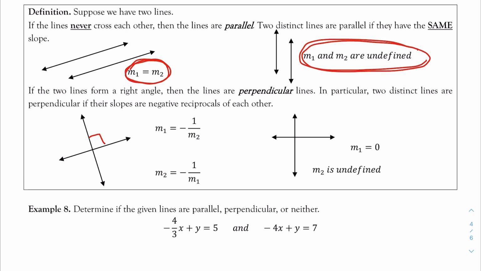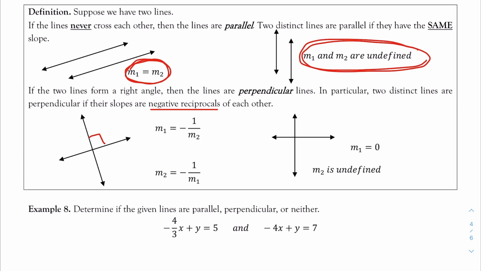As it turns out, two lines are perpendicular if their slopes are negative reciprocals of each other. What does that even mean? That means if I have one slope, the slope of the perpendicular line will be the negation and flipped over.